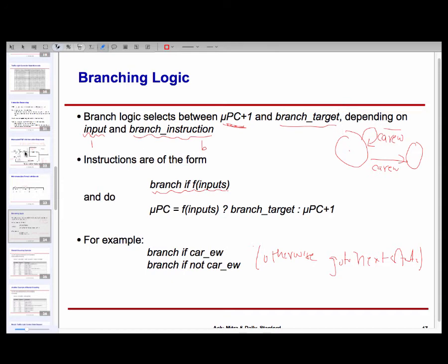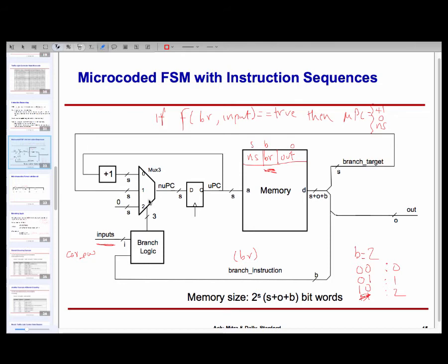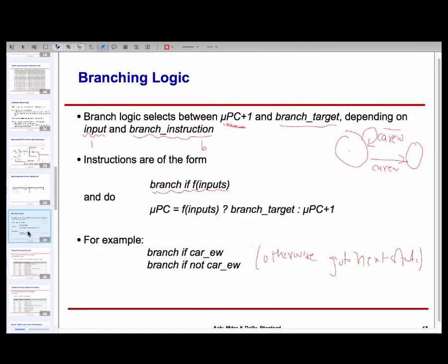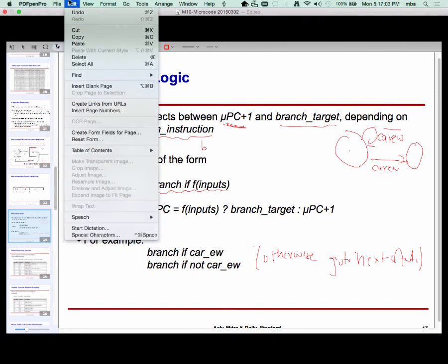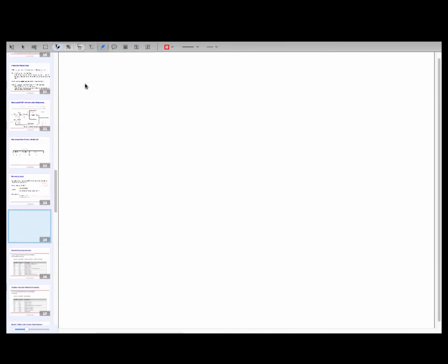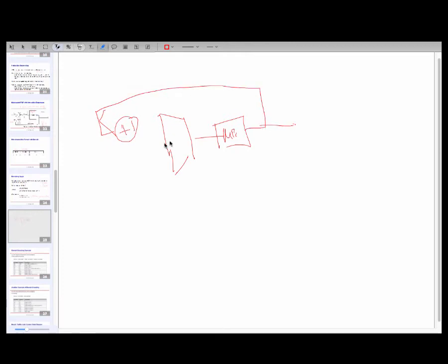Because I only have control over the multiplexer. So I have a mux, I have micro PC. This is one possibility. The other possibility is branch target.